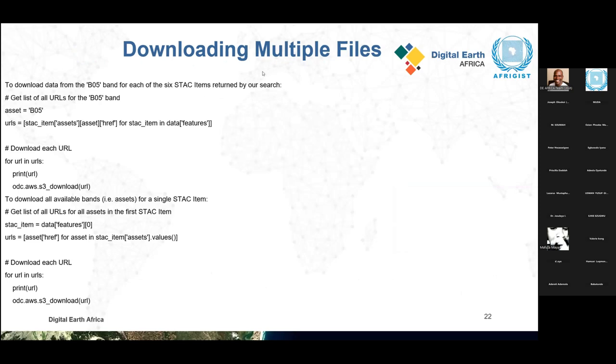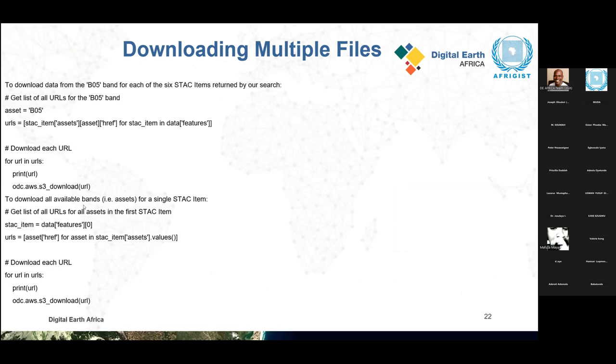If you want to download multiple files from the B5 band for each of these 6 stack items returned by our search, you have the URL, get the list. We have the URLs to download. We download each URL.